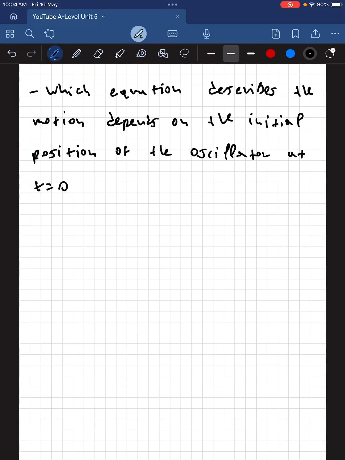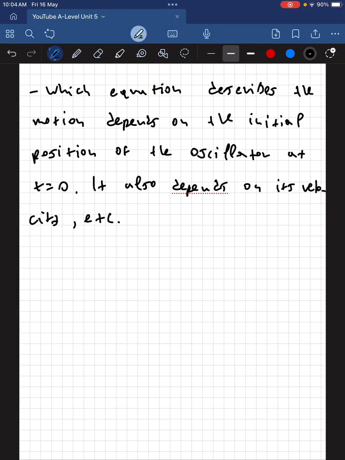It also depends on its velocity and etc. And we will talk about that in a moment.